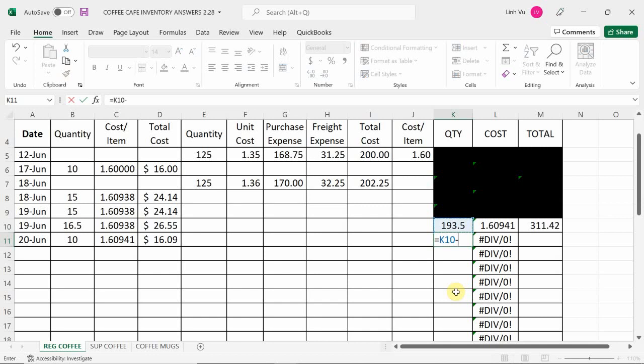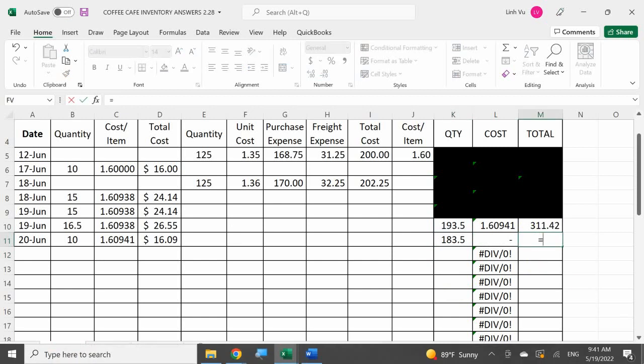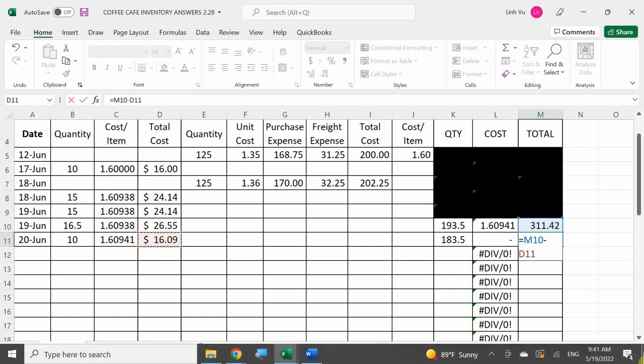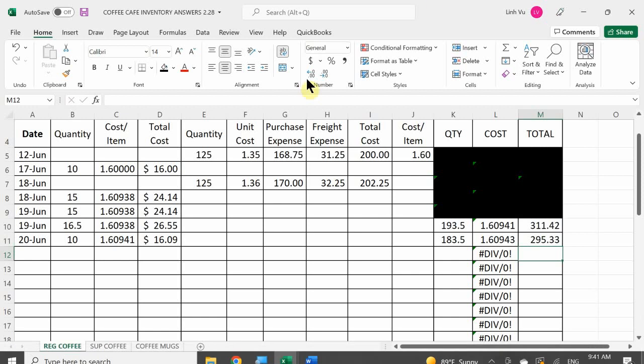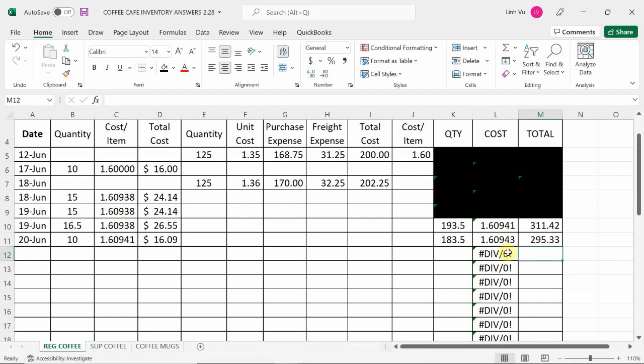So in this case, 10 pounds, I have 183 and a half now. And I also need to calculate this minus the 16.09. I should now have 295.33, right? And now look, it has also increased by another fraction of a penny.